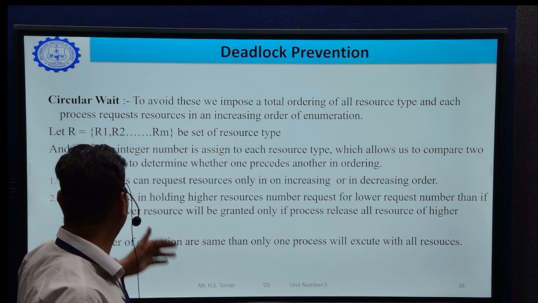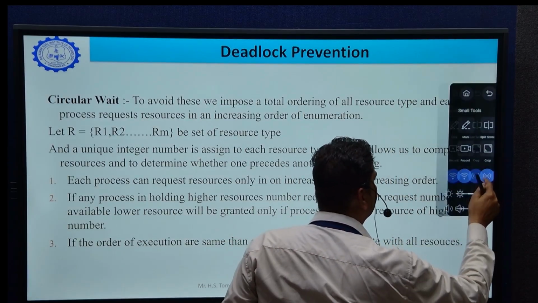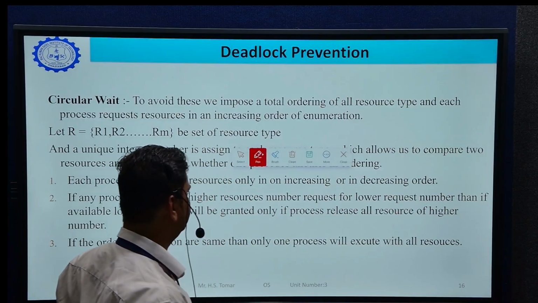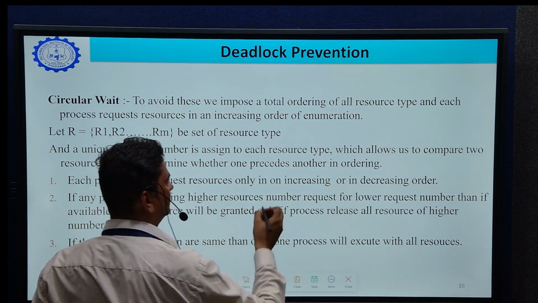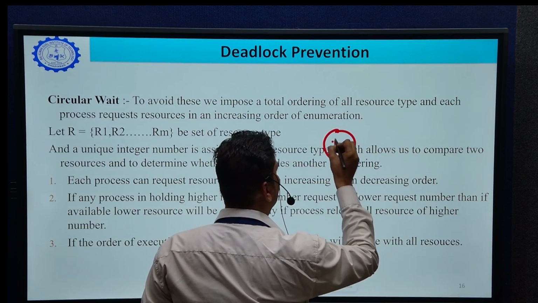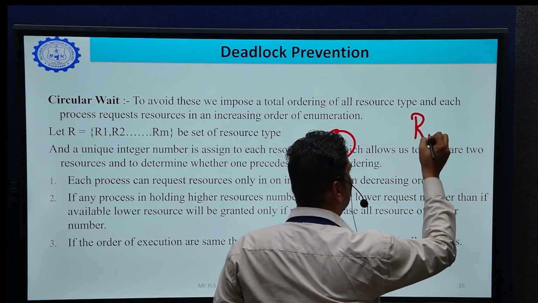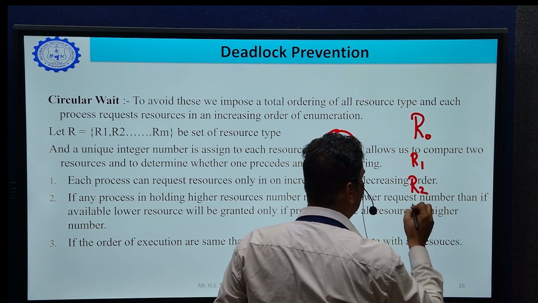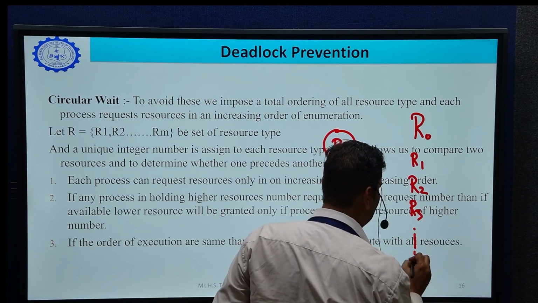The first approach says that let's suppose there is a process P1 and there are the resources R0, R1, R2, R3 and so on up to Rn.